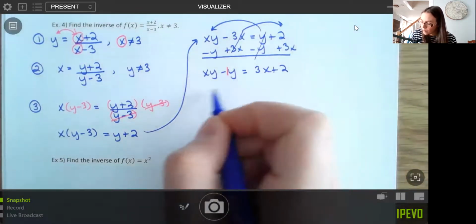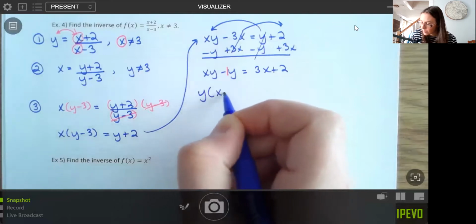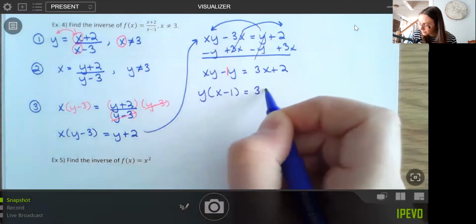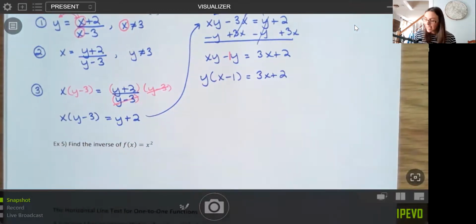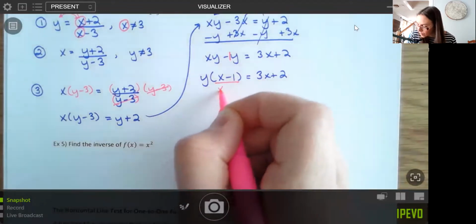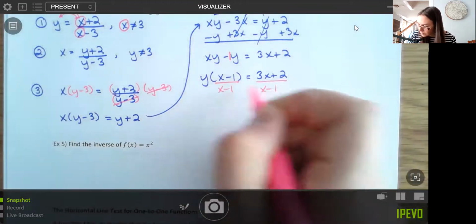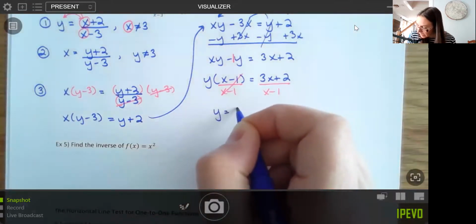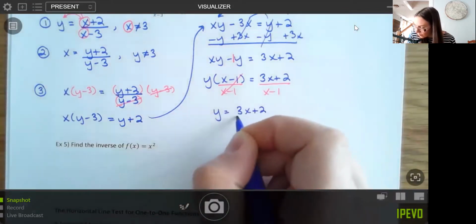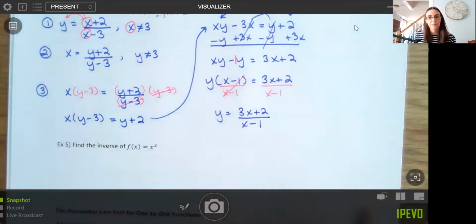So we're going to factor the y out, and I have x minus 1 now. Now what I can do is divide both sides by this x minus 1. And I have that y is equal to 3x plus 2 over x minus 1.